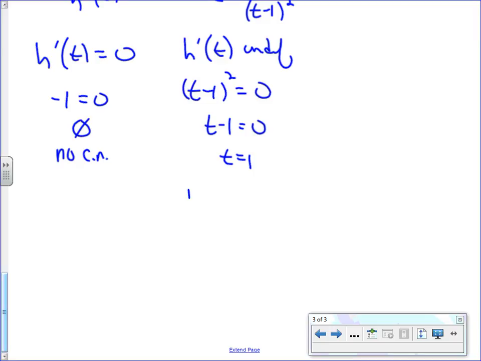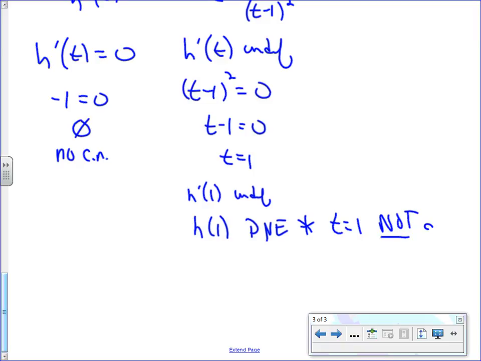While it is true that h prime of 1 is undefined, h of 1 does not exist. There's no point there. It's a vertical asymptote. So because of this right here, t equals 1 is not considered a critical number. Now what this tells you is that there's no place on this graph that might be a relative max or might be a relative min.